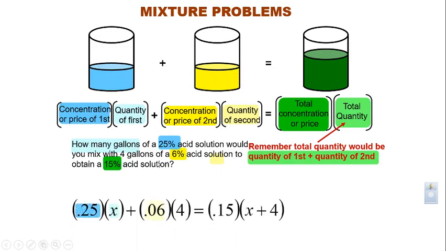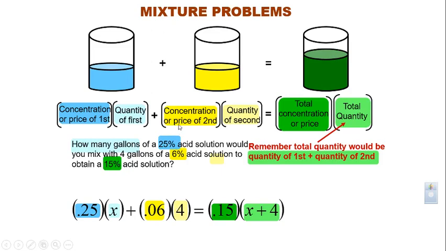So here's how the formula breaks down. Concentration of the first mixture multiplied by the volume of the first mixture. We don't know the volume of the first mixture, so we call that X. Concentration of the second mixture is 6%, so we put that as 0.06. The volume is 4 gallons.